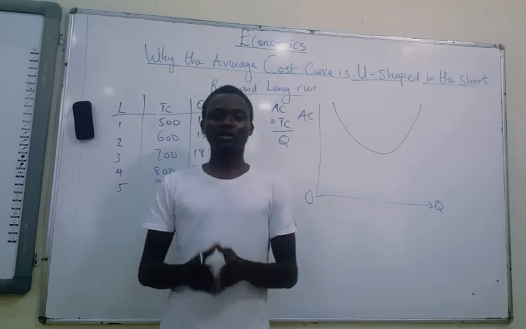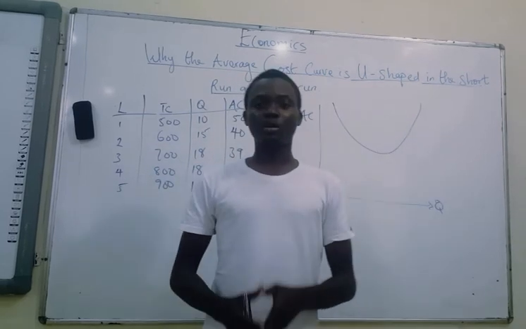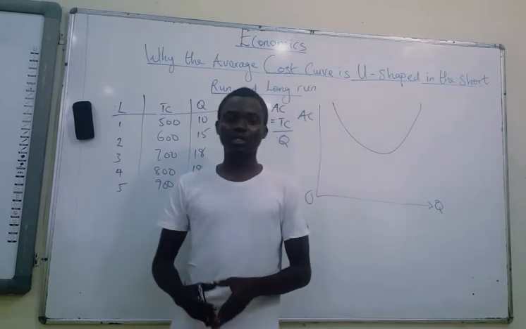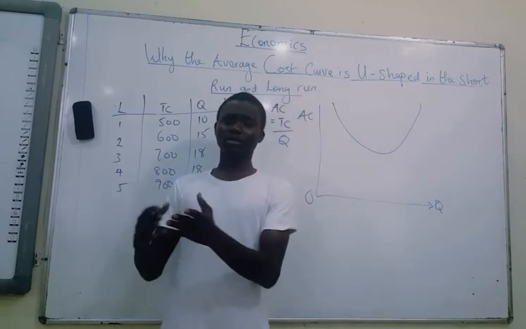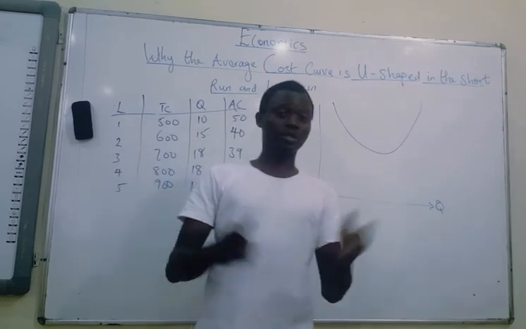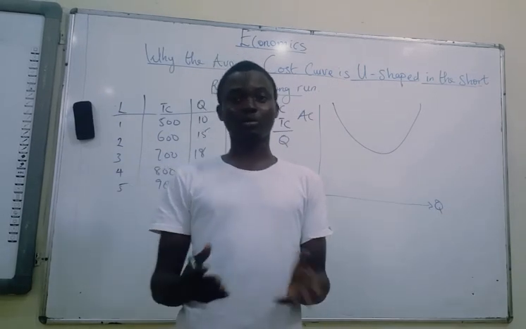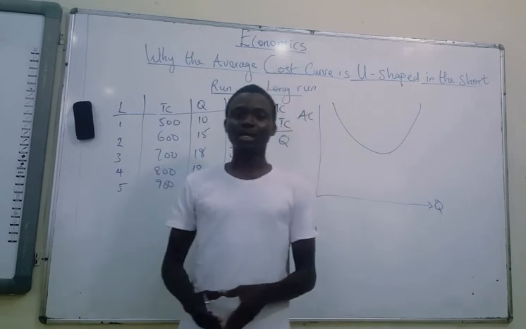All right, so we then talk about constant returns to scale. Constant returns to scale is simply saying that when the producer decides to change all of his factors of production by the same proportion, output also changes by the same proportion.